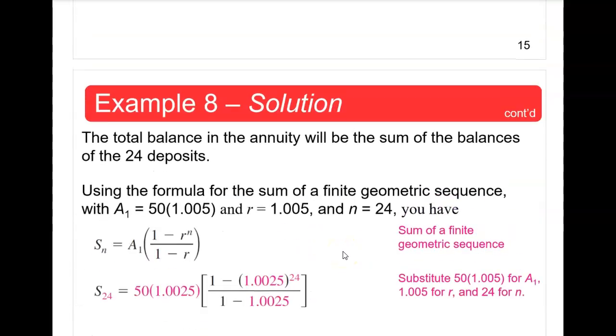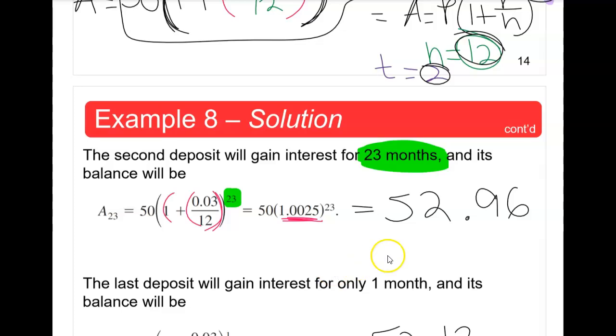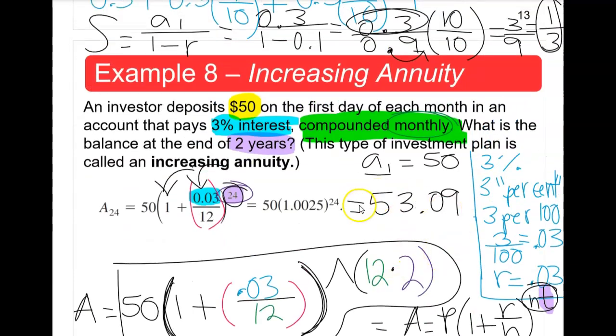So the total balance in the annuity will be the sum of all those balances of the 24 deposits. So I might have mentioned that this was the answer for the question, and that is not correct.